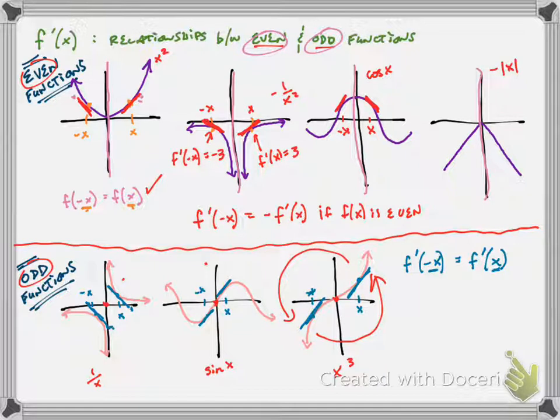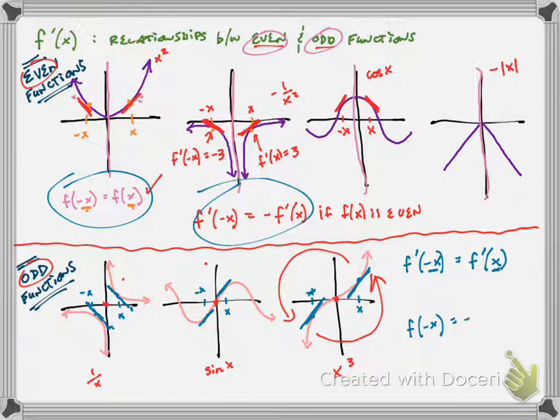Now, with respect to f of x, because I also touched on f of x here, and f prime, with respect to f of x, if it's an odd function, we say that f of negative x is equal to negative f of x. In other words, the actual ordered pairs themselves, not the derivatives, if you go out to positive x and you go out to negative x, the y values are opposite.